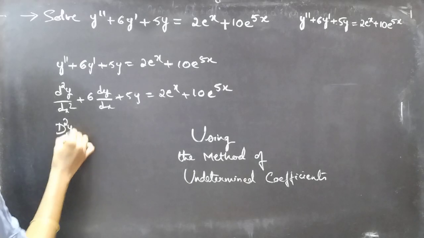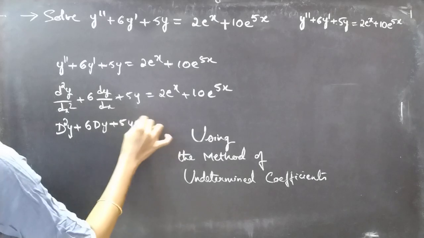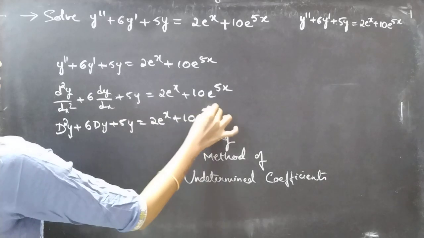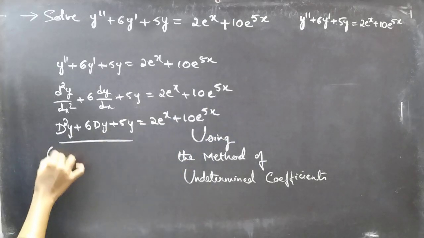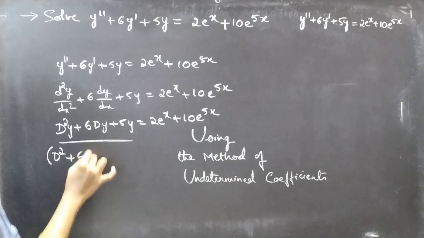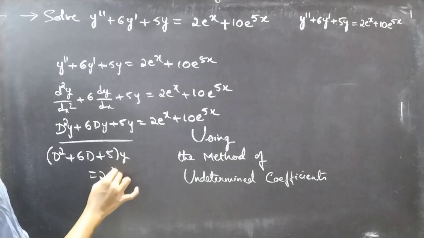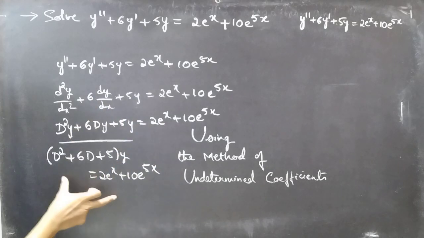We'll get D square y plus 6 Dy plus 5y equal to 2 e power x plus 10 e power 5x, right? Now take y common from all the three terms of LHS. We'll get D square plus 6D plus 5 into y equal to 2 e power x plus 10 e power 5x, right? Which is in operator form.